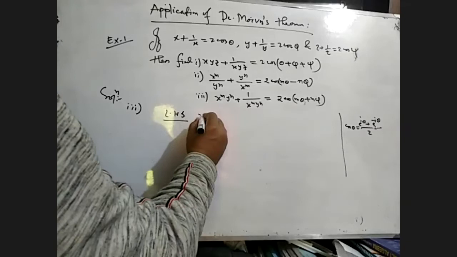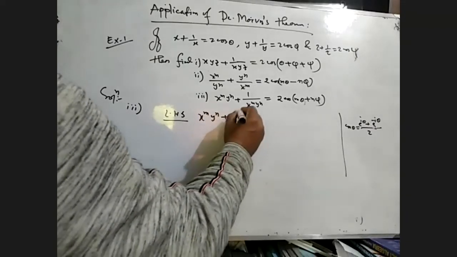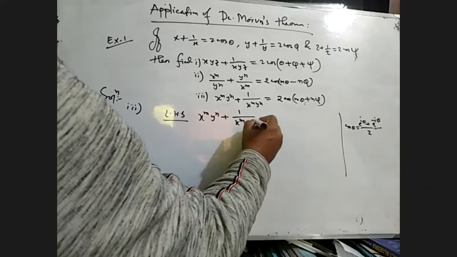The third one will be: left hand side x to the power m, y to the power n, x to the power n, y to the power n.